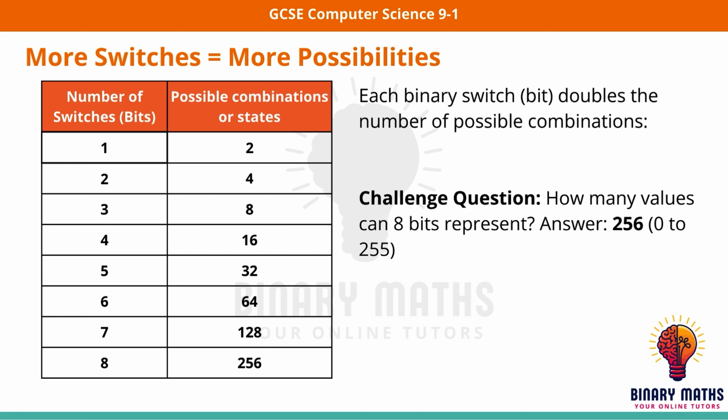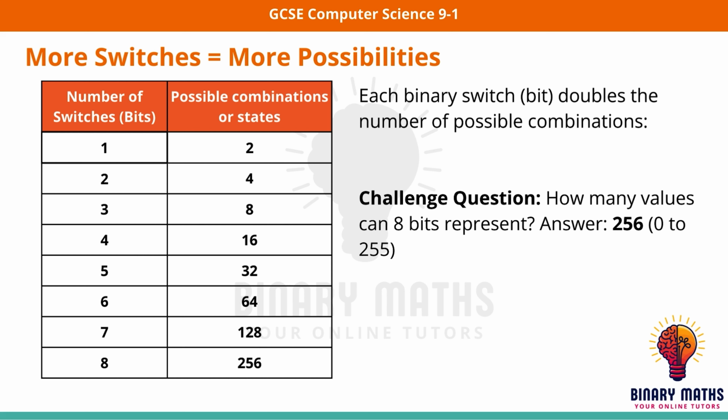Let's say you only have one switch, a single bit. That gives you two possible values, 0 and 1. If you have 2 bits, now you can make 4 different combinations: 00, 01, 10, and 11. 3 bits gives you 8 possible combinations. 4 bits will give you 16.